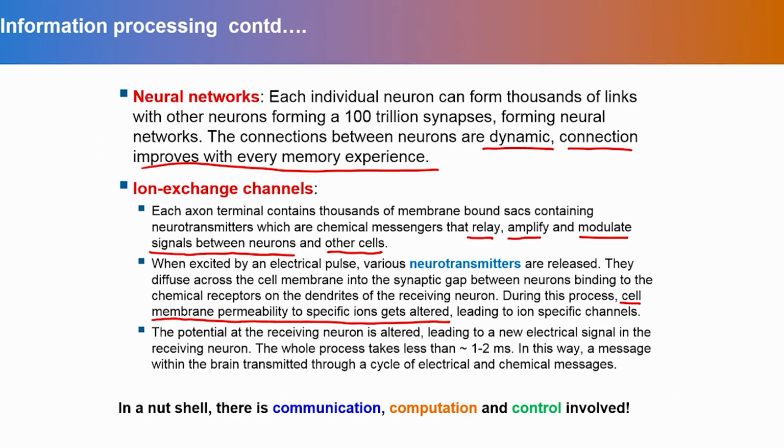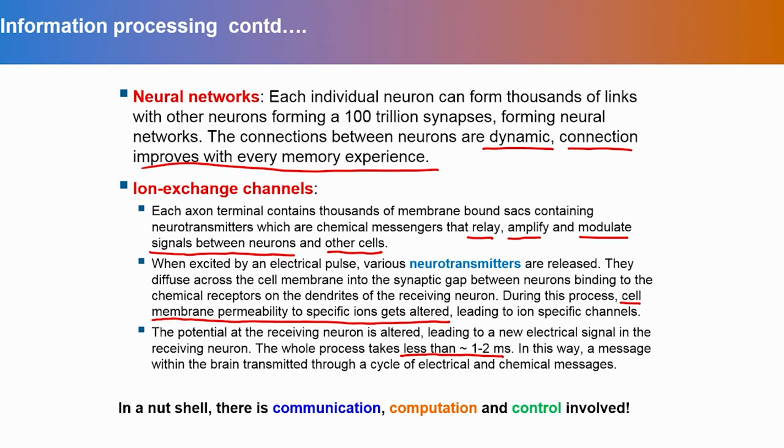It is sort of like a filter, and one can think about it like a communication channel with chemical messaging, and this leads to ion specific channels. Okay. Now, the potential at the receiving neuron is altered, leading to a new electrical signal in the receiving neuron, and this whole process is less than 1 to 2 millisecond.